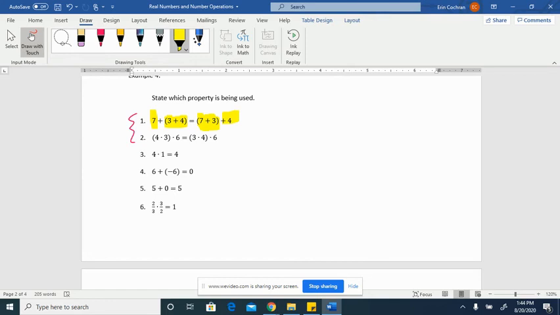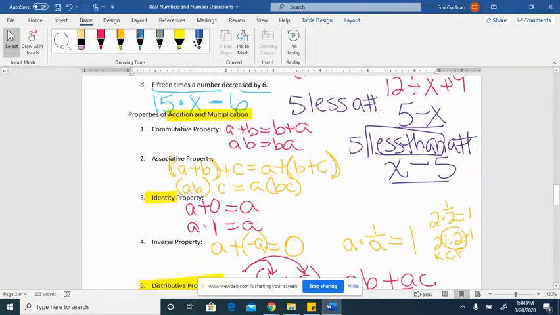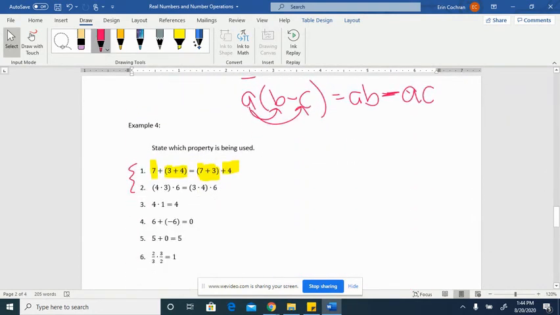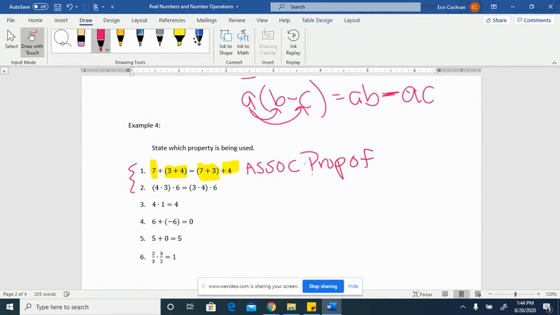So we're switching the order of 3 different numbers. If I'm switching the order of 3 numbers, would that be commutative or associative? I think it would be associative. So we're going to say this is the associative property, and I'm going to abbreviate. We always do 5 letters. This is the associative property of addition, and I'm going to put a plus.